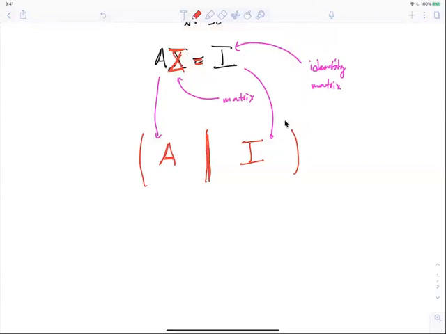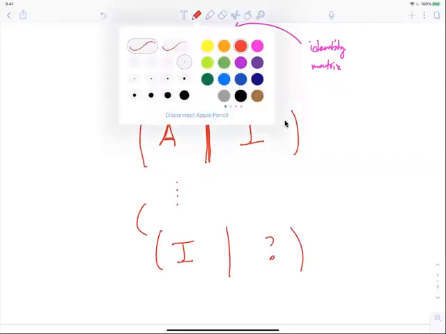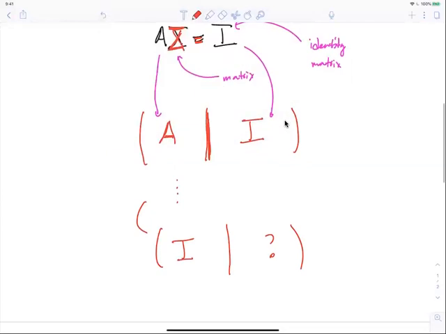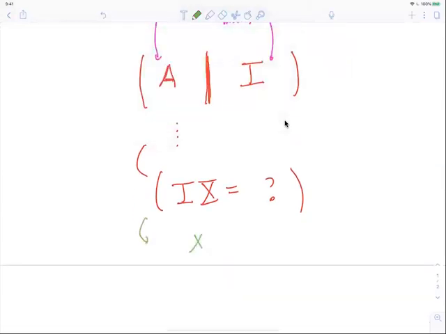If we can perform row operations and transform the A into an I, what is that going to say? If we get I on the left and something on the right, what does this translate into? Keep in mind this bar really means X equals. So if we can translate the left into the identity and the right into something else, that translates directly into X equals that something.